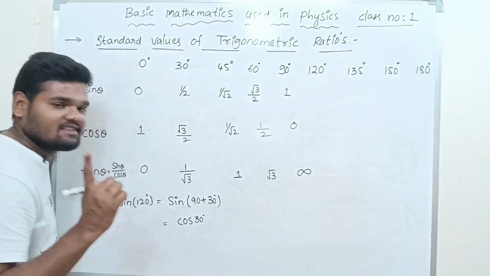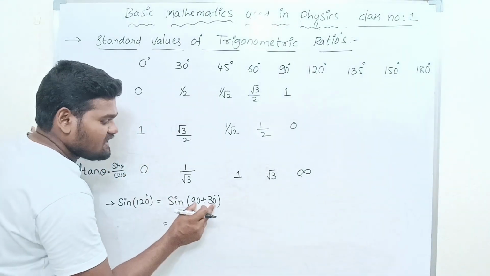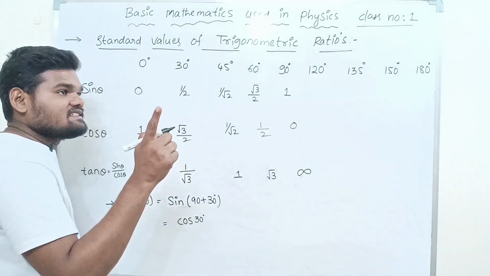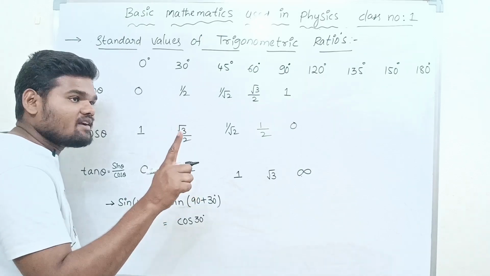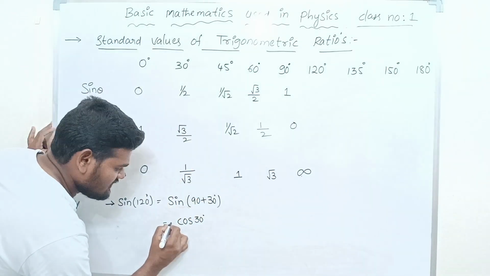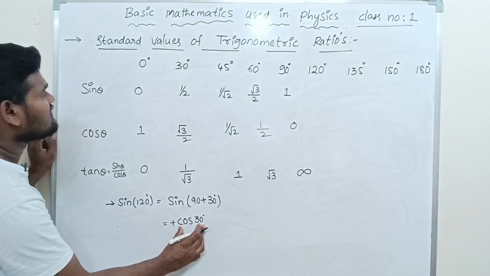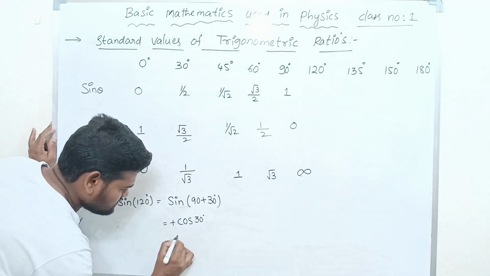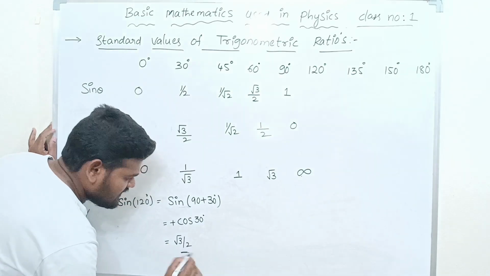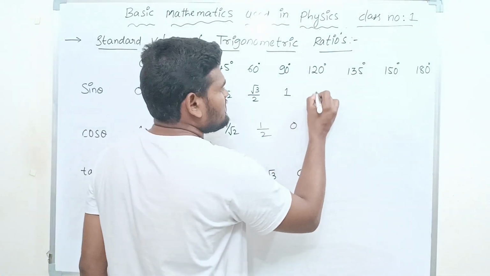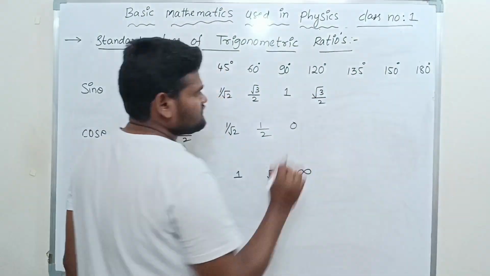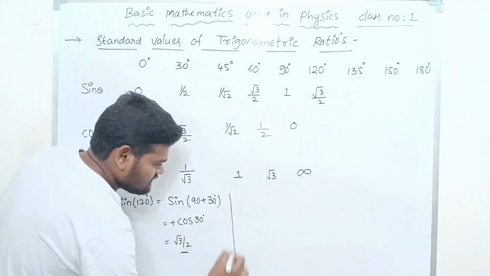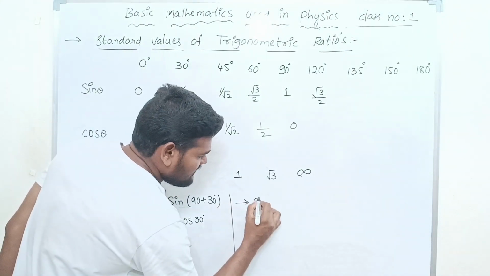And we have to check the sign. Sine 90 plus theta, 90 plus theta is in second quadrant. In second quadrant, sine is positive. Then the answer is positive. What is the value of cos 30? Cos 30 is equal to root 3 by 2. Are you getting? So this is root 3 by 2.